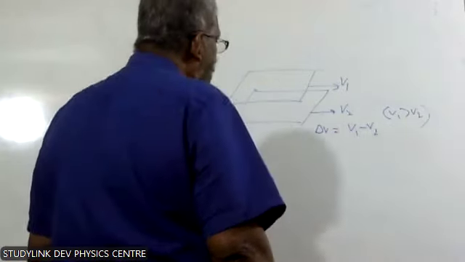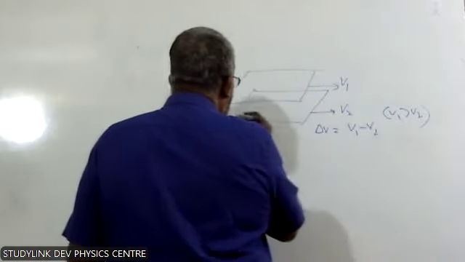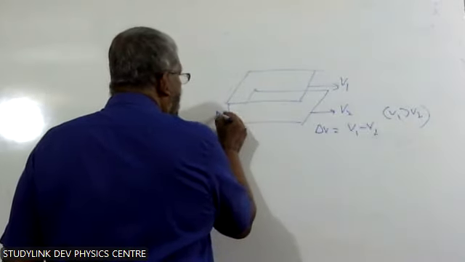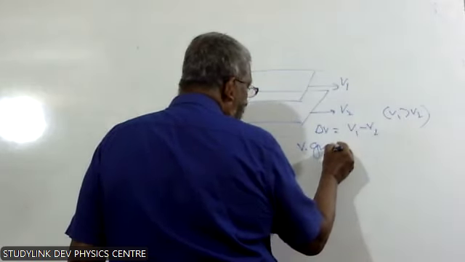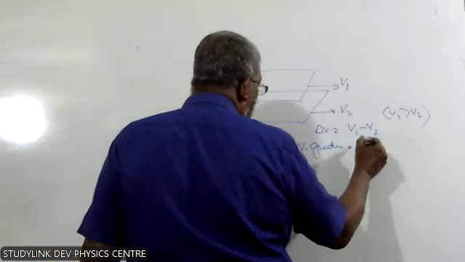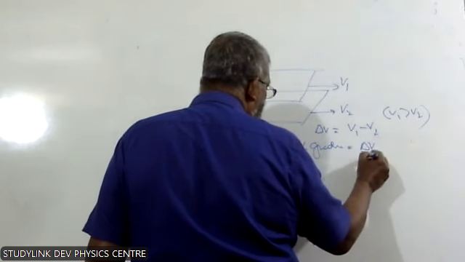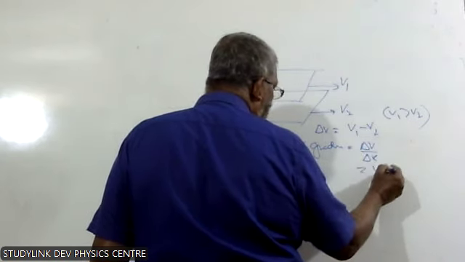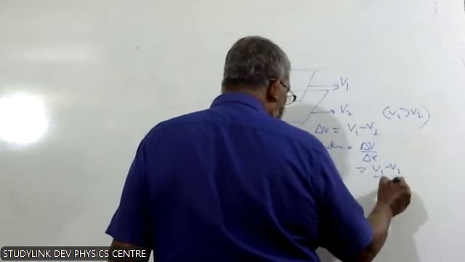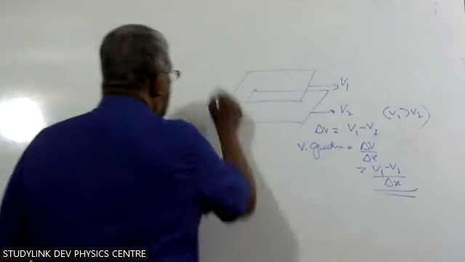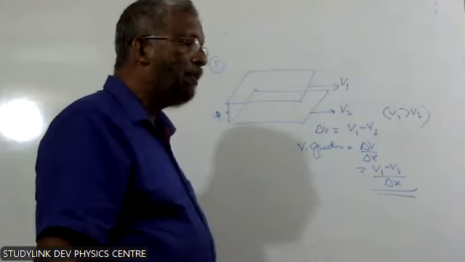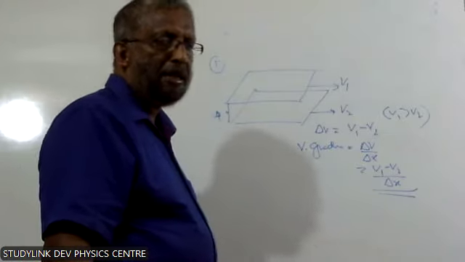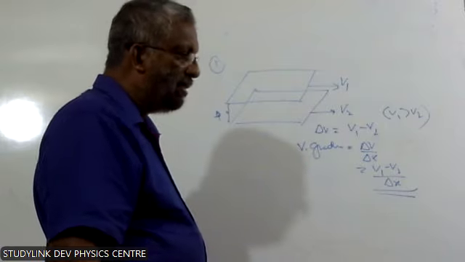With this delta X, the velocity gradient is delta V over delta X, equal to V1 minus V2 divided by delta X. That is the normal situation.